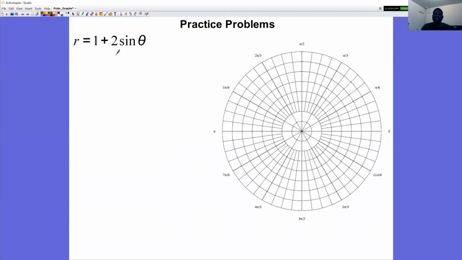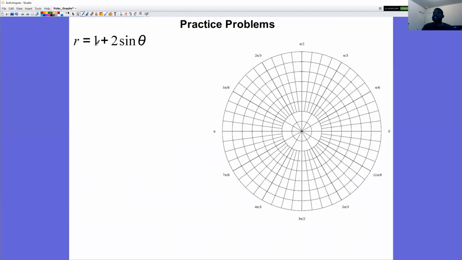Okay, so with that information, we are able to go ahead and start sketching some graphs. The technique will be important, and of course, we'll check the validity of our graph when we are done using the graphing calculator. So here's our equation, r equals 1 plus 2 sine theta. First thing we need to do is identify what type of graph it is, because that's very important.